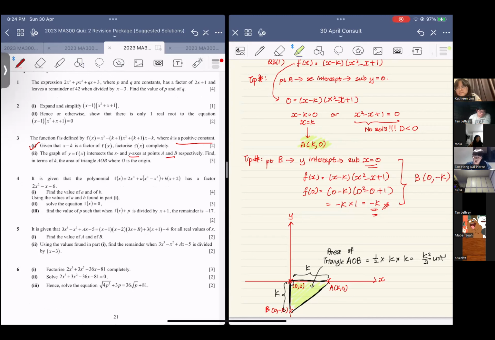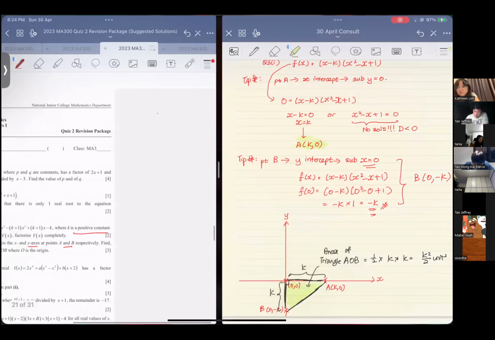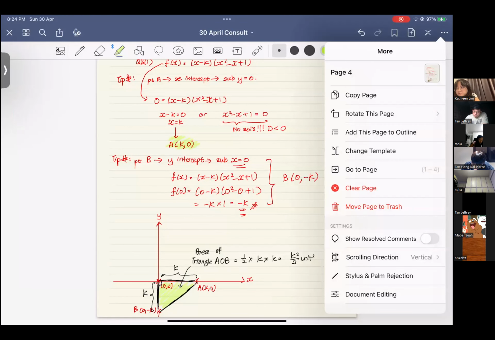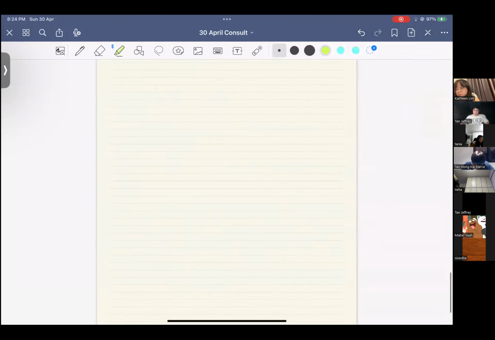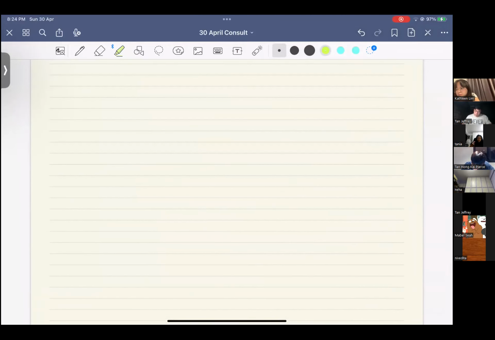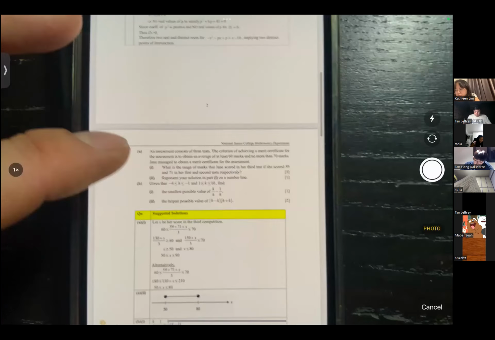Quiz 2, time practice 2, question 5 part B. Okay, how do I add the page?